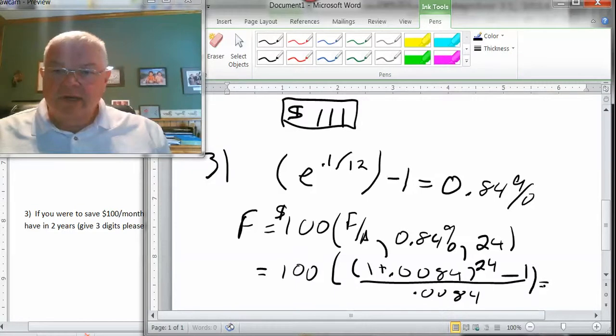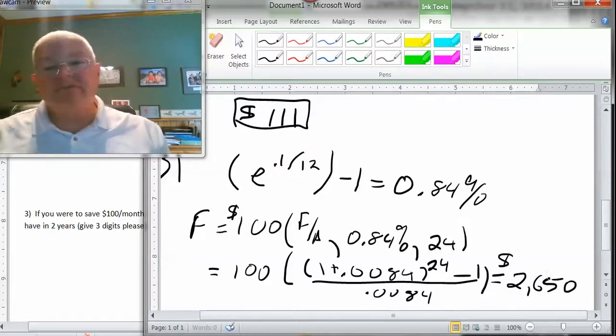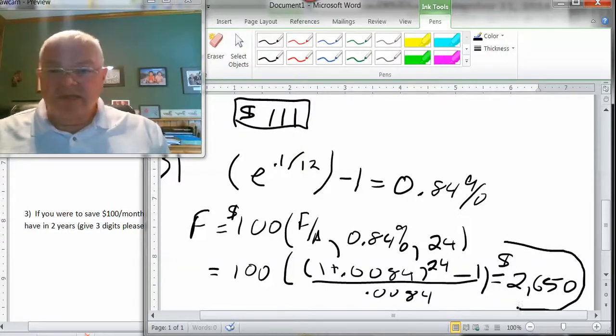And what did I get? I got, to 3 digits, $2,650. It's actually 2,647, but to 3 digits I rounded off to 650. So that's the answer for number 3.